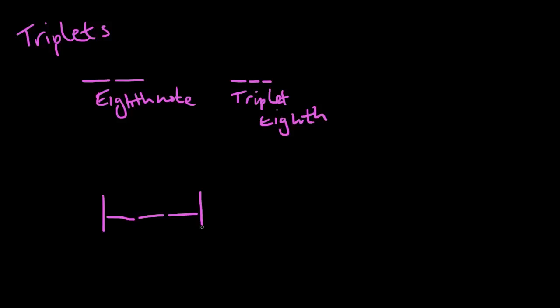Imagine if we were to do something a little bit interesting by taking the first 2 and connecting them together so that we have 1 note at the beginning that takes up the first 2 of our triplet 8th notes, and then a third here at the end that takes up just 1/3 of our beat. What have we done here?